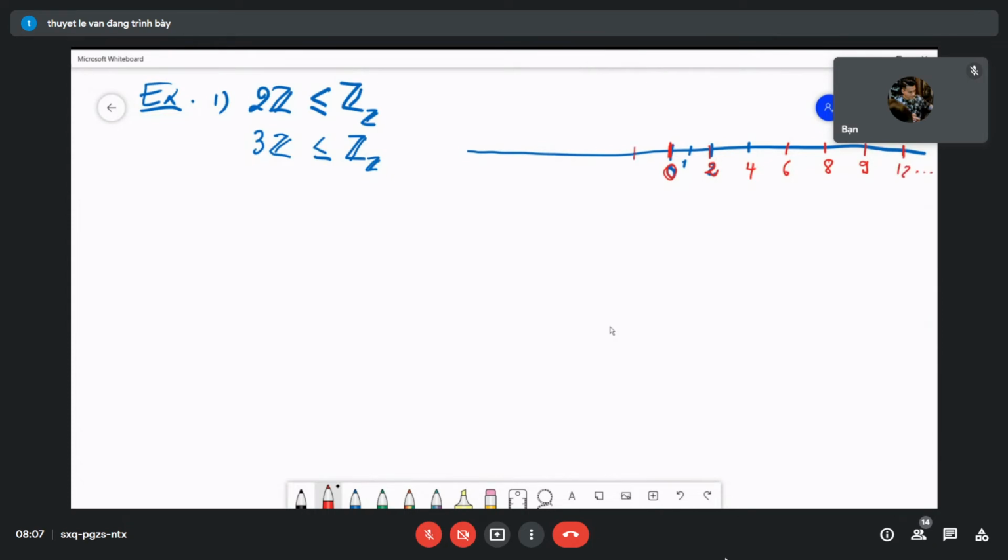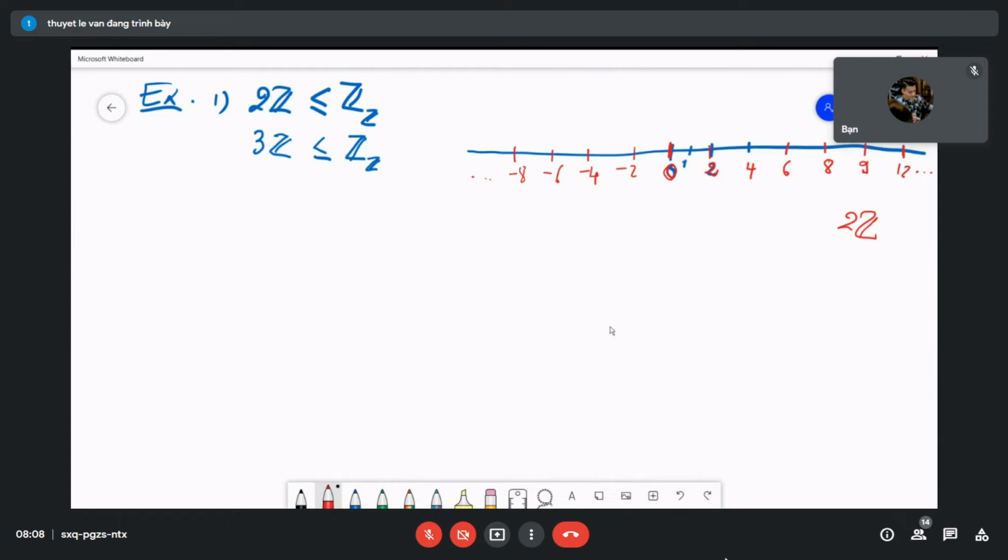Also minus 2, minus 4, minus 6, and so on. The red is 2Z, because 2Z is 2 times Z in Z.